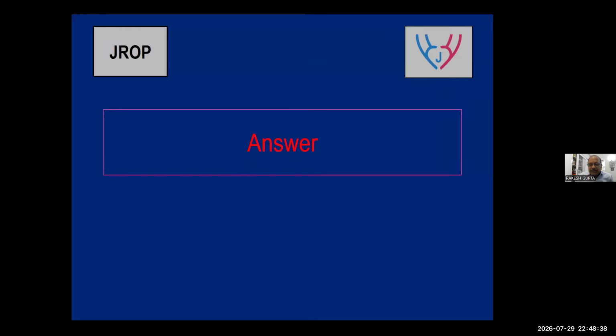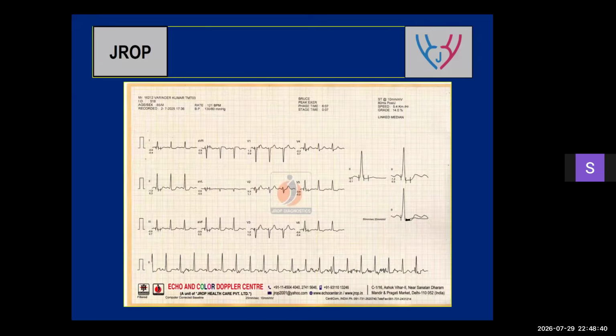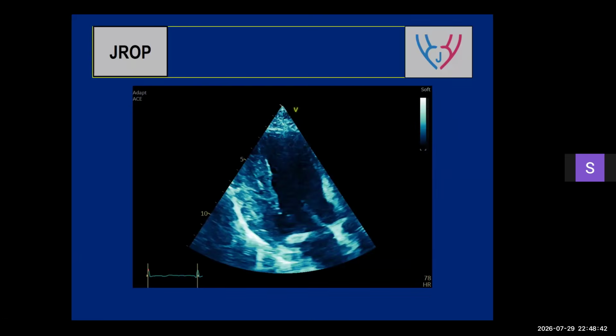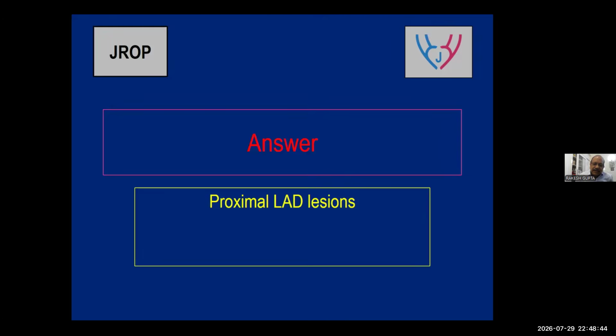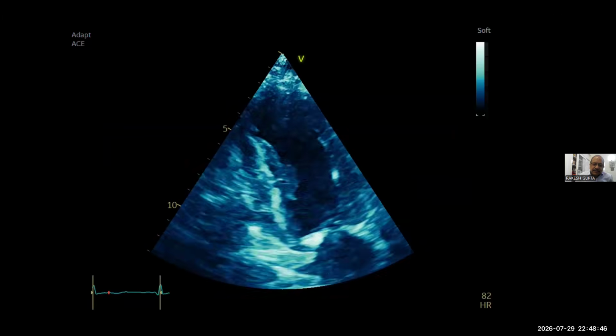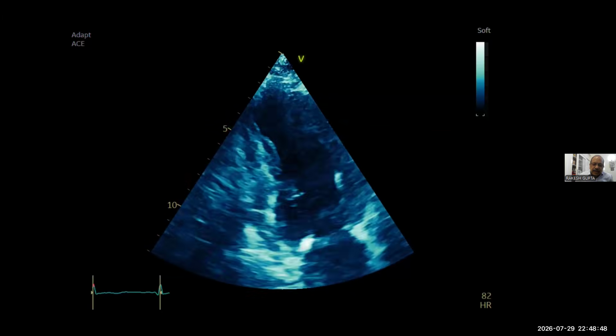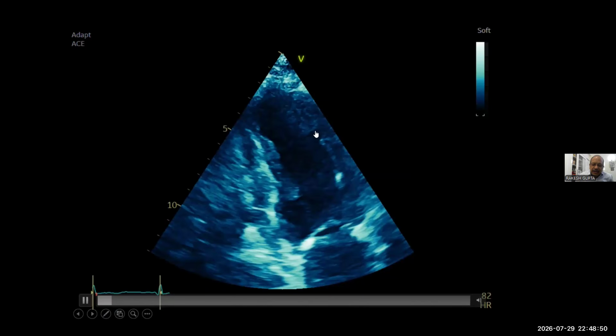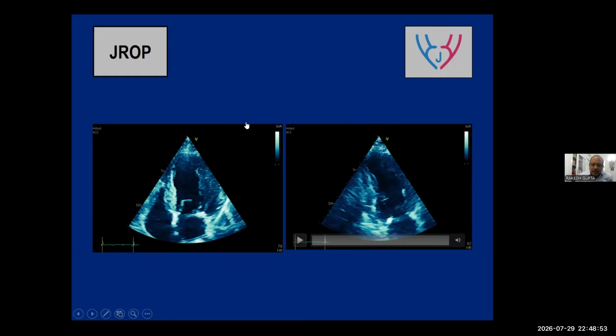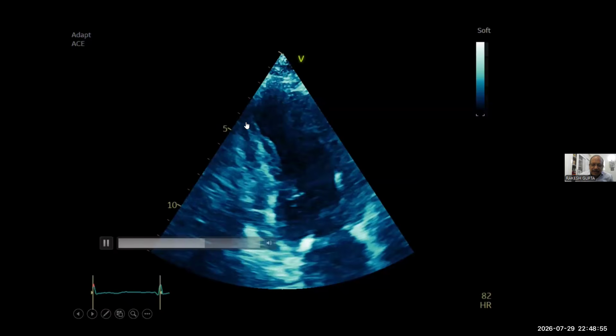So you could have images which are not very good. Sir, not able to differentiate, sir. Please, can you show us again? Sure, again. Can you see this apical anterior wall and apical inferior wall? Now concentrate on the apical inferior and anterior walls.